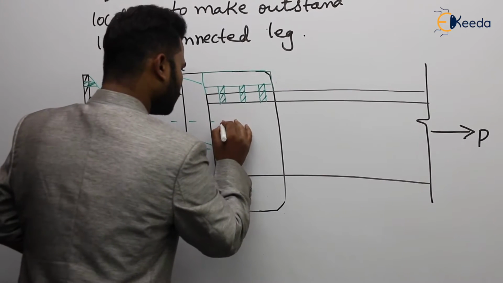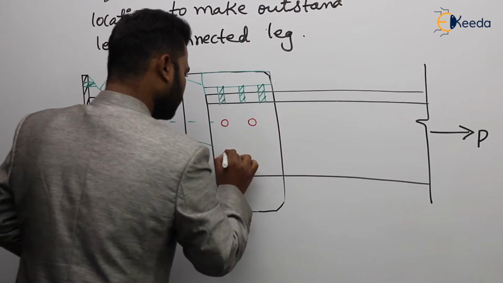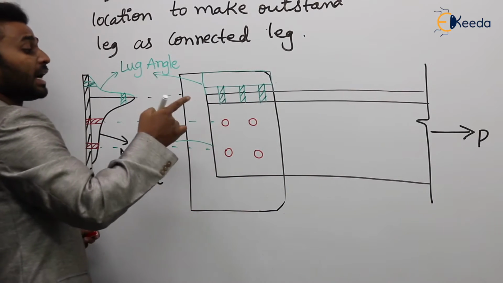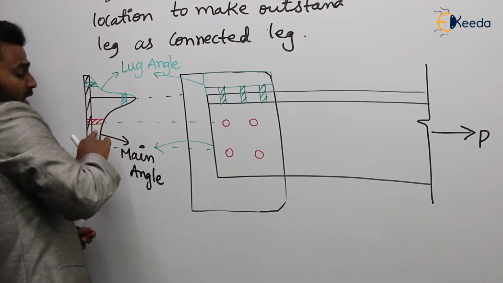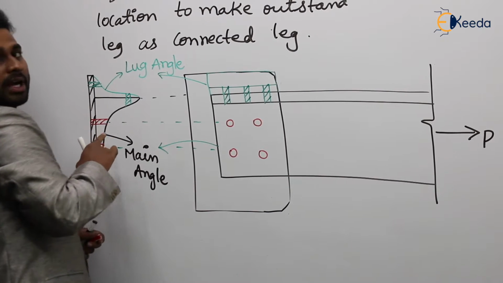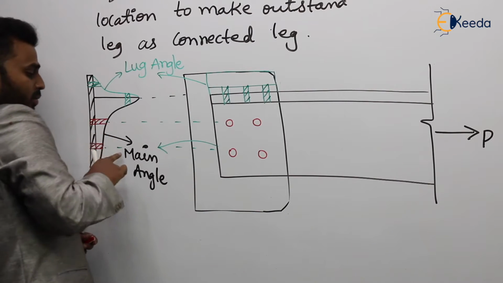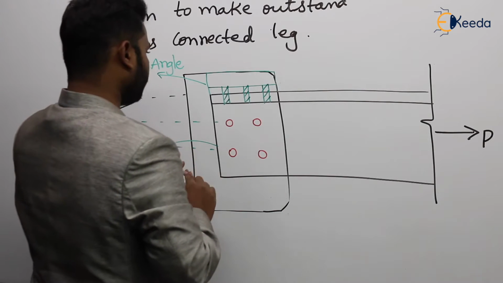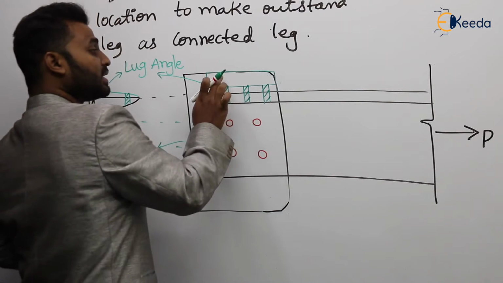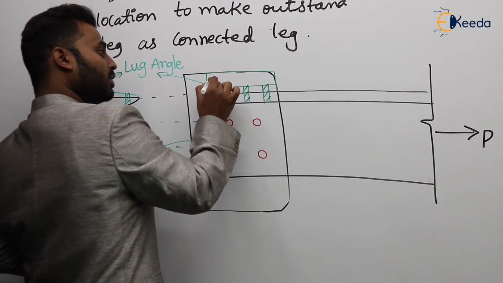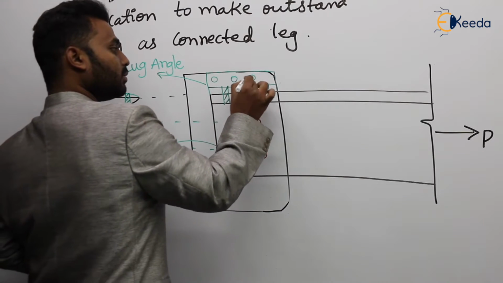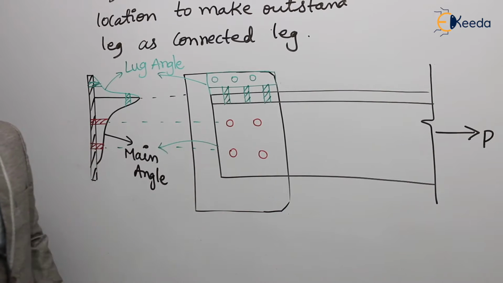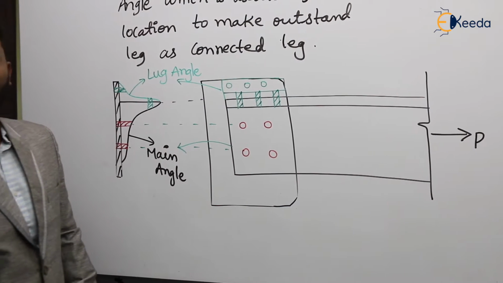So here I am going to take 2. These are the bolts used for connecting one leg of the main angle to the gusset plate. And here we have to connect this lug angle to the gusset plate again by using bolts like this. So this is the connection. This is how the longitudinal view looks like.